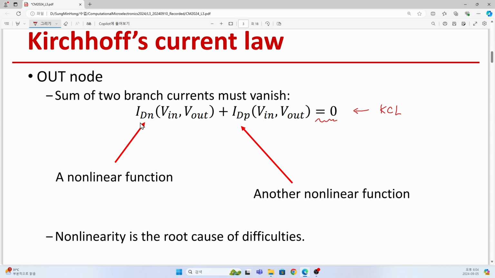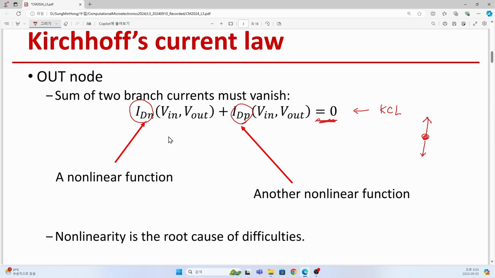In this case, both our N MOSFET current and P MOSFET current are escaping from our node, so their notation is unified. So simply we have a vanishing current here.